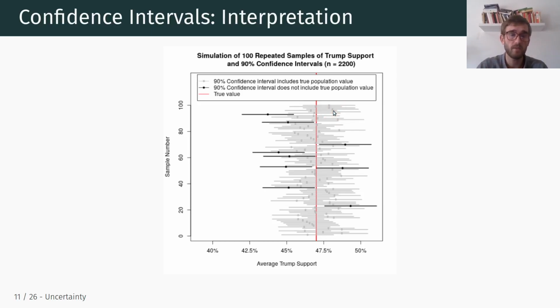This is our hypothetical scenario where we could repeat our sampling procedure 100 times, and we have bars for the 90% confidence intervals. These are in gray if the 90% confidence interval includes the true population value, and black if it does not. The key thing is to go through that logic again.